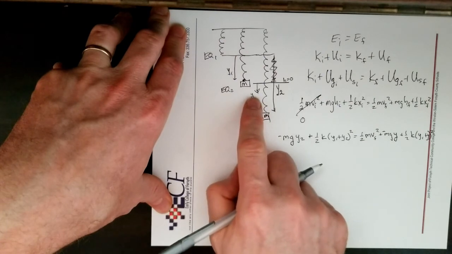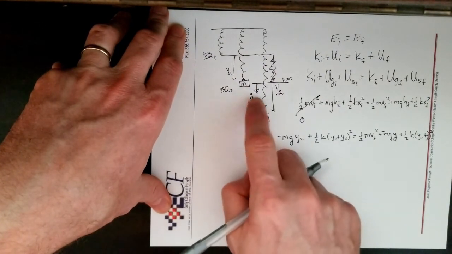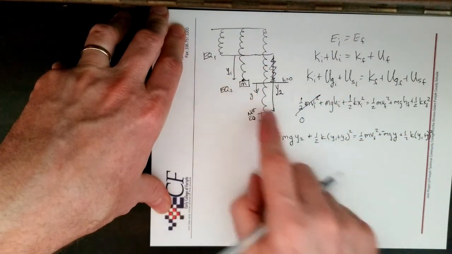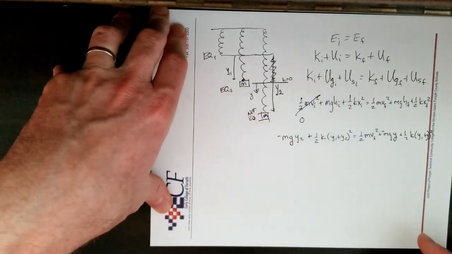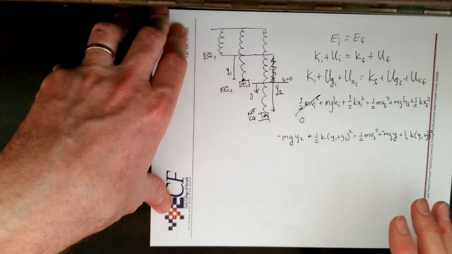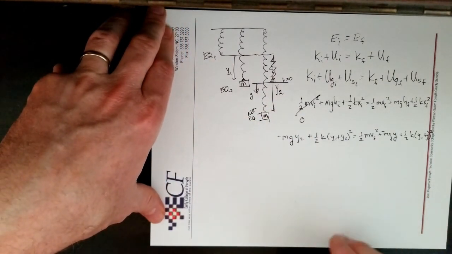Now I have y as a positive number going in this direction right here. So if y were up here, y would be a negative number, and I'd have y1 minus whatever that value is, or actually plus the negative. So y is just where the maximum speed occurs, because ultimately that's what I'm trying to figure out, is where is the maximum speed. Now we can take it one step further.